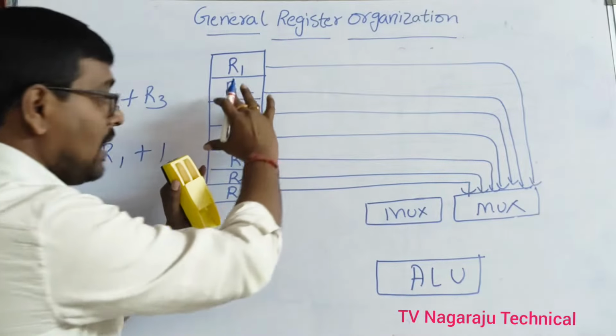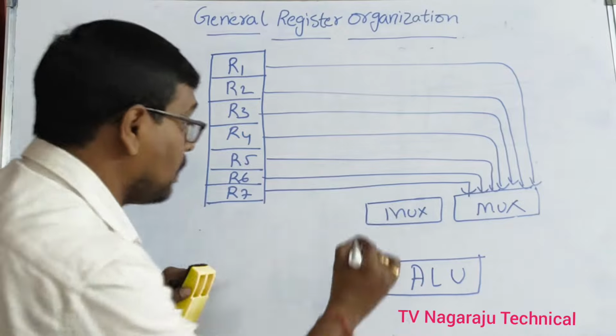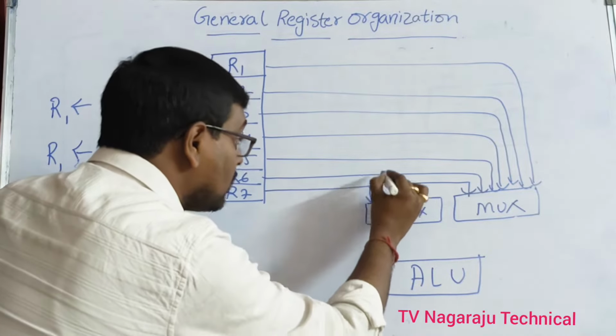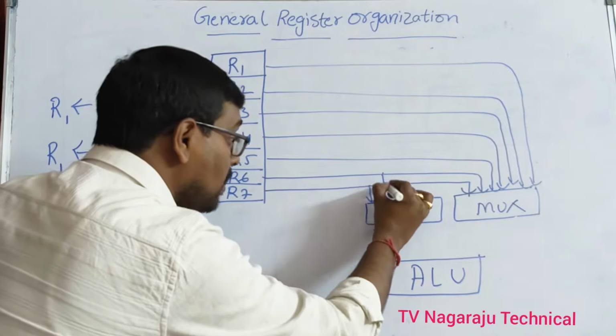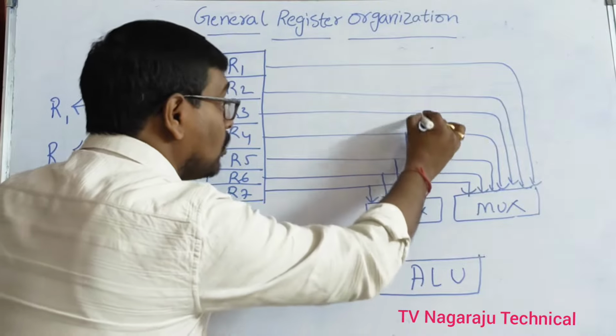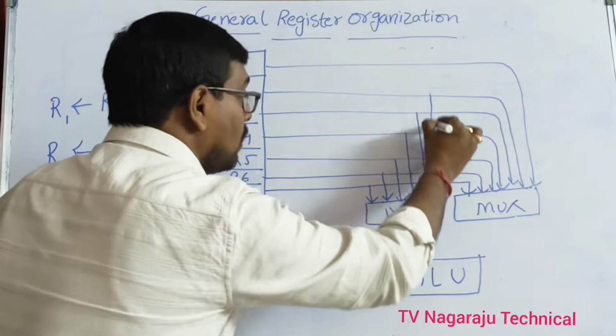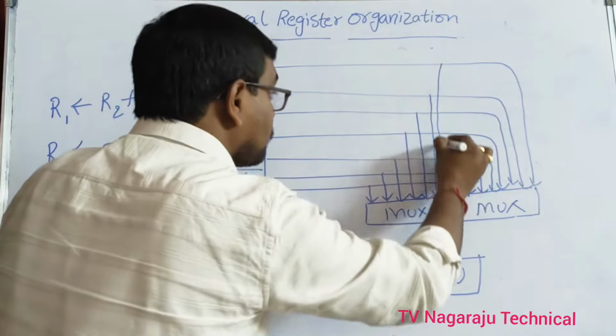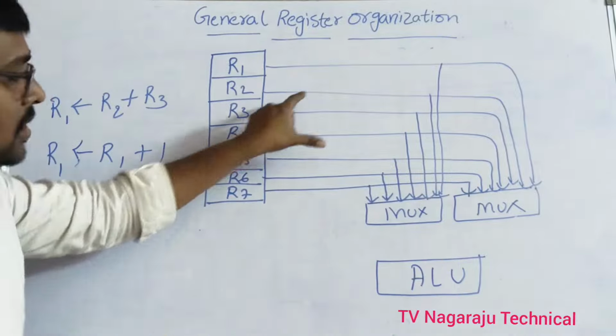Now all the registers are connected to this multiplexer. Similarly, the same inputs are connected to this multiplexer also. Clear? Now the registers are connected.